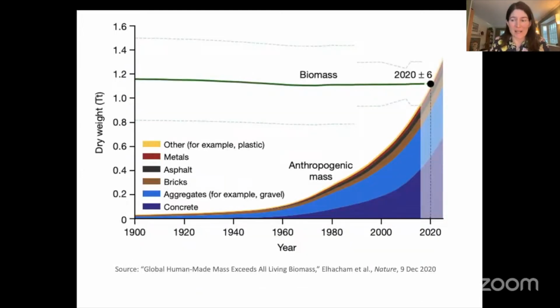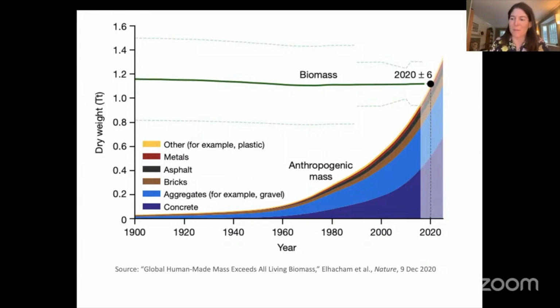At the same time, the amount of human artifacts in the world is increasing, and this is a rather chaotic graphic from a paper in Nature published in 2020. But the thing to take away from this graphic is that at the left side of the axis in 1900, the man-made objects of the world weighed approximately 3% of the total weight of all living things on Earth.